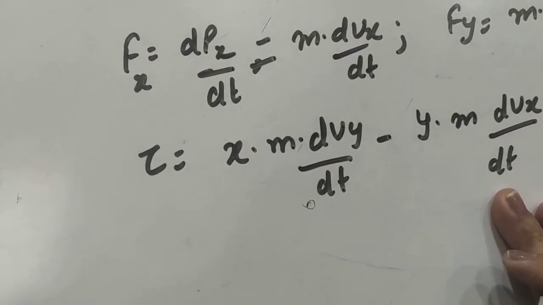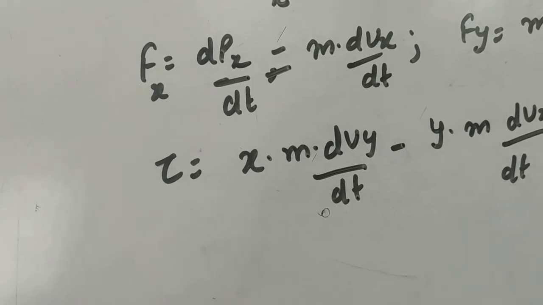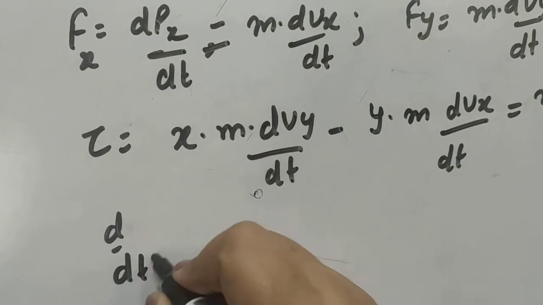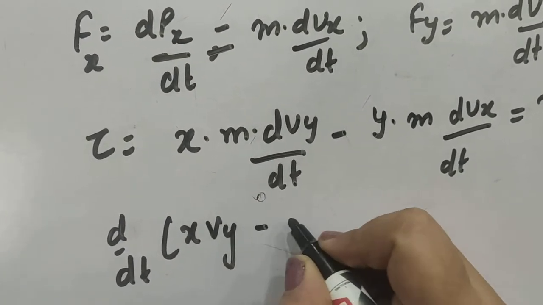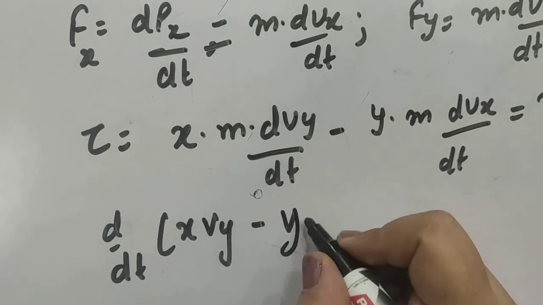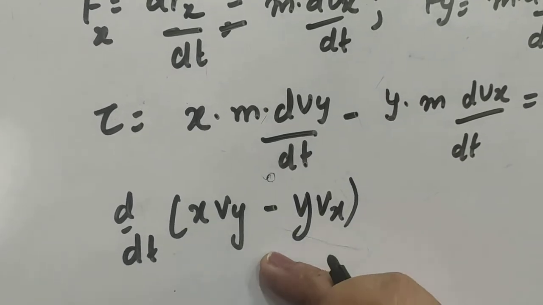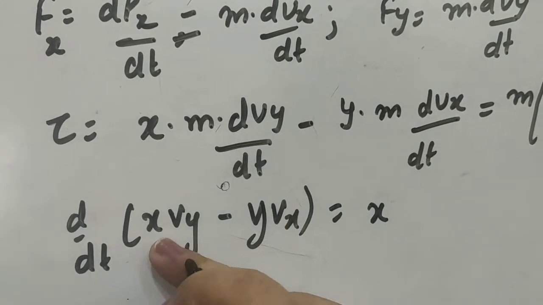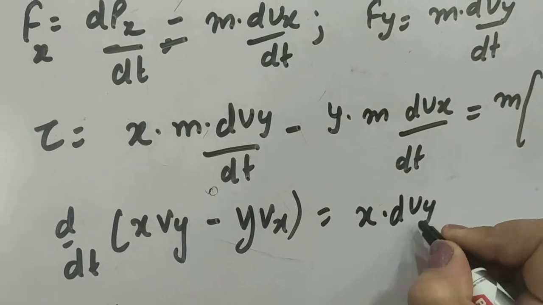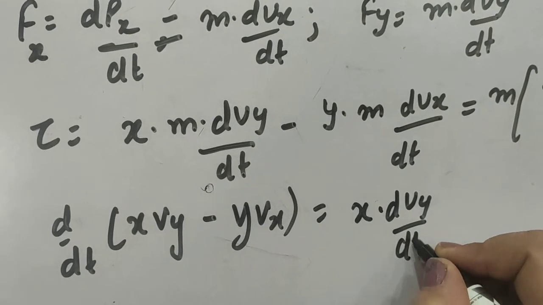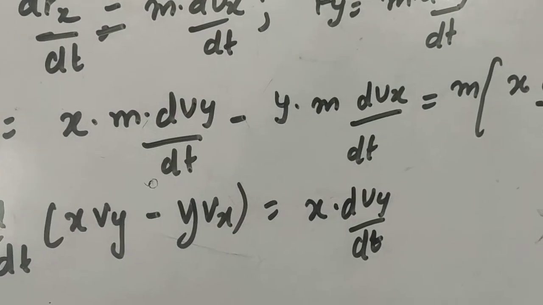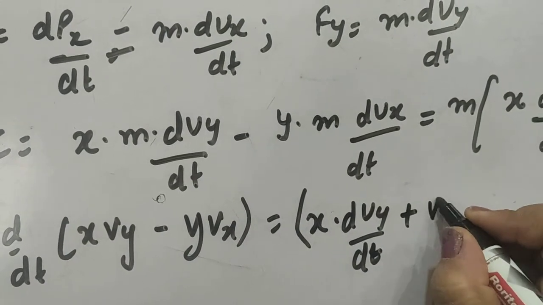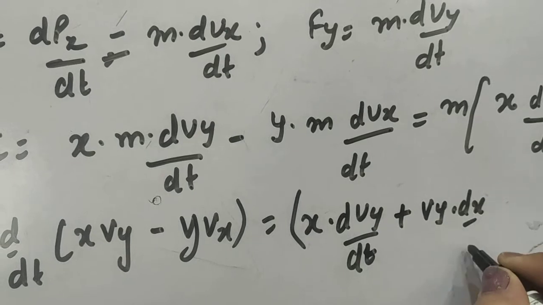So what do we have to use? We have to use the identity of differentiation, which is d by dt of xvy minus yvx. When we solve it, firstly we differentiate x, giving x dvy by dt plus vy into dx by dt.